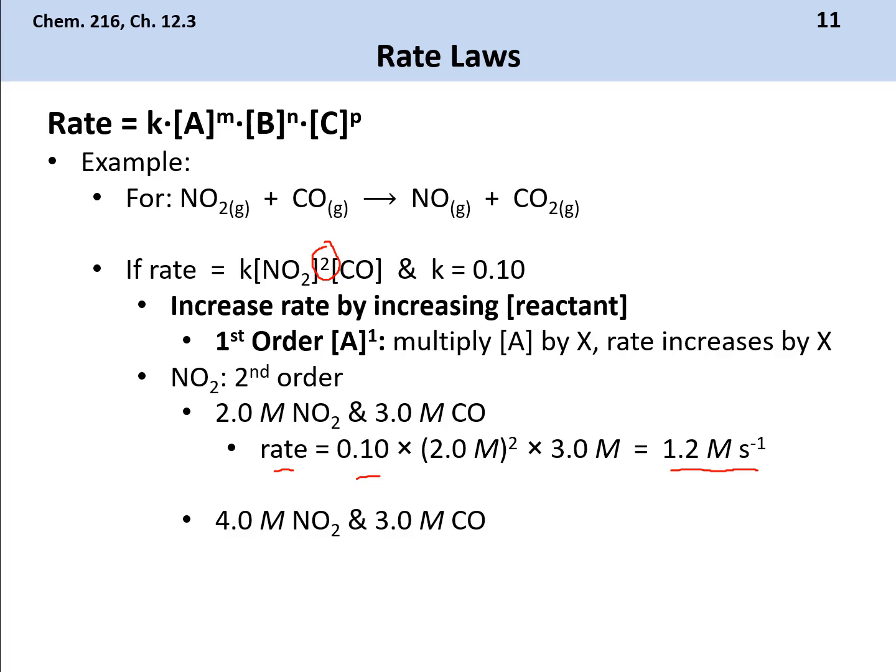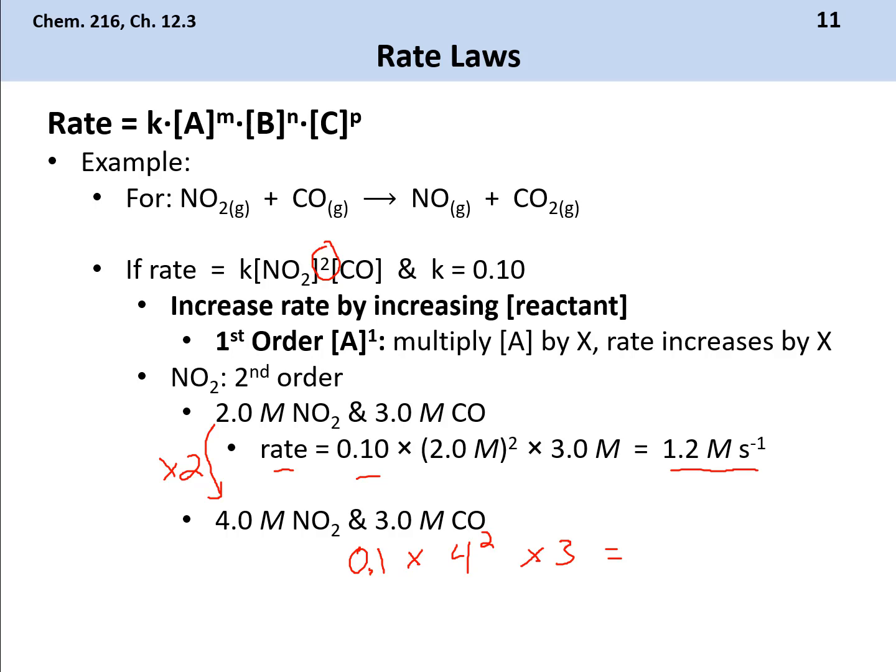Let's say we now double our concentration of NO2. So now I get 0.1 times 4 squared times 3.